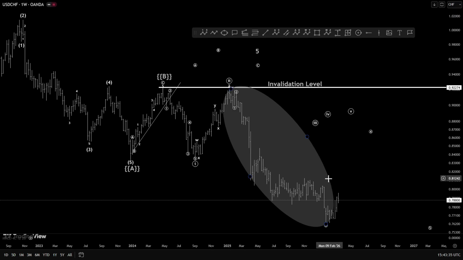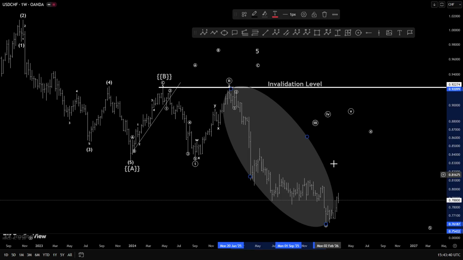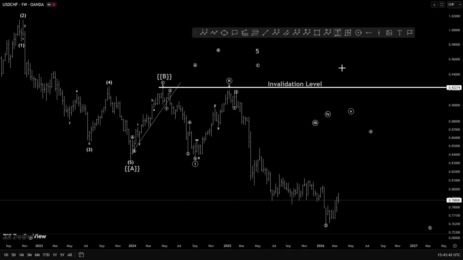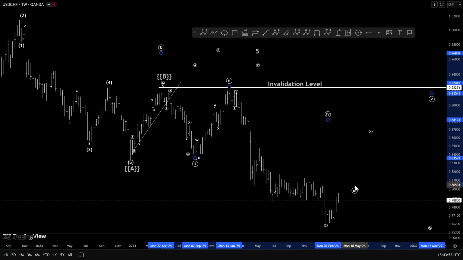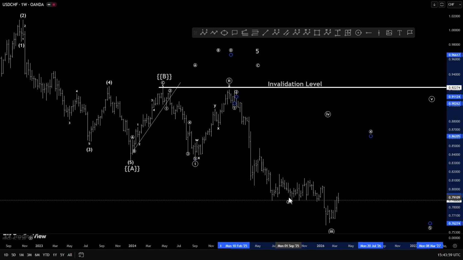We are currently in wave 3 of this structure, and another thing that we use as confirmation that we're not quite done with the wave 3 with the subwave 5, we're going to show you right now. This is wave 3 of the structure, this is 3 and 4.